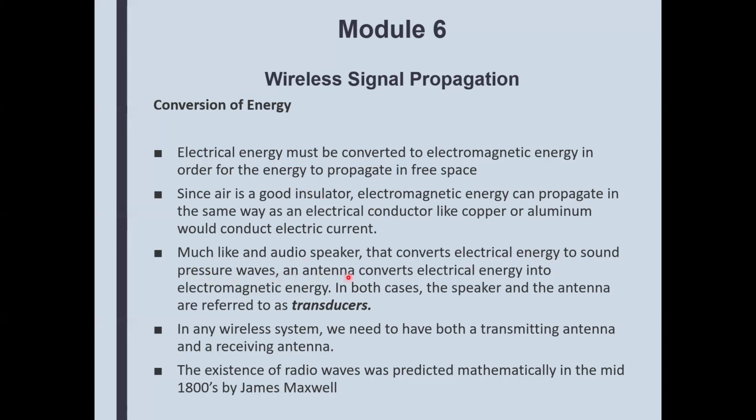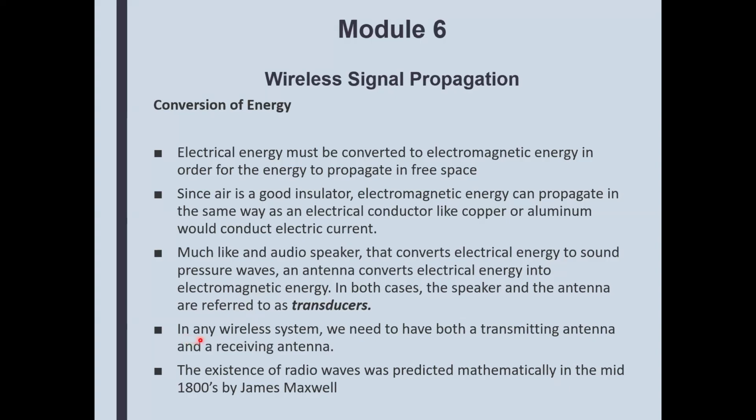An antenna converts electrical energy into electromagnetic energy. So it is a transducer. In both cases, the speaker and the antenna are referred to as transducers. Very mystified type of a word, but now we know what a transducer is even more than we knew before.